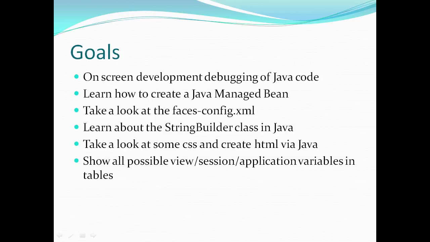Then later on, once we go into presenting this information, we're going to have to look at the StringBuilder class in Java, and we're going to also have to look at some style sheet information, and our end goal is going to be to create HTML in Java. The other thing that we want to do is show all possible view, session, and application scope variables dynamically in tables in this admin panel.